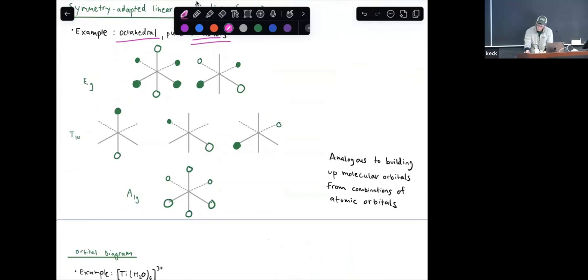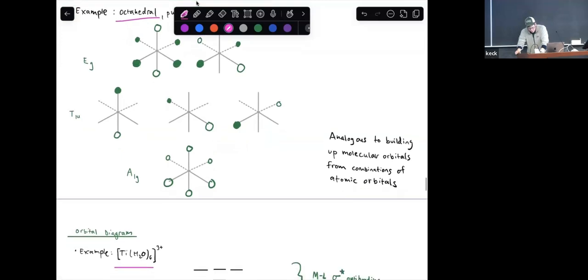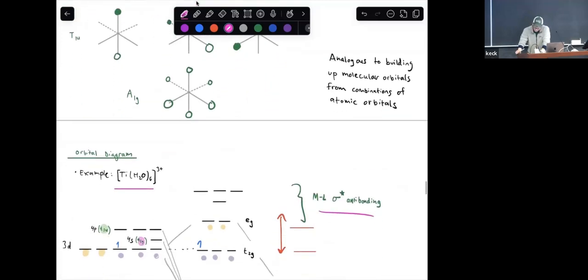You'd look at the T1u and say, that looks like it would overlap nicely with p orbitals. And you'd look at the Eg and say, those look like they would overlap nicely with the dz squared and dx squared minus y squared orbitals. That's the extent of the analysis that you need at this point: just looking at them and recognizing some similarity with the shapes of orbitals that you are already familiar with.